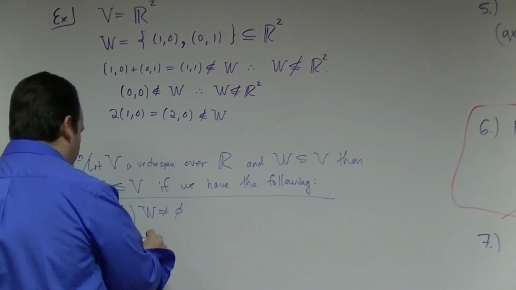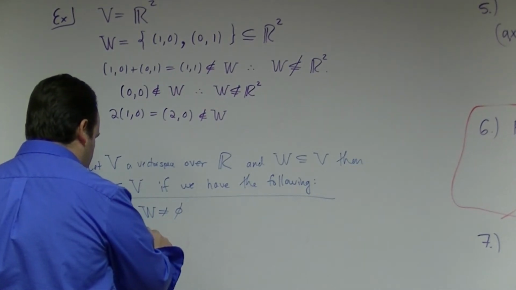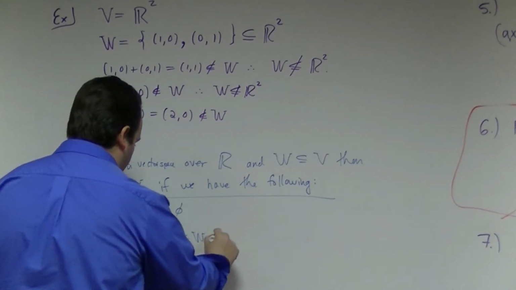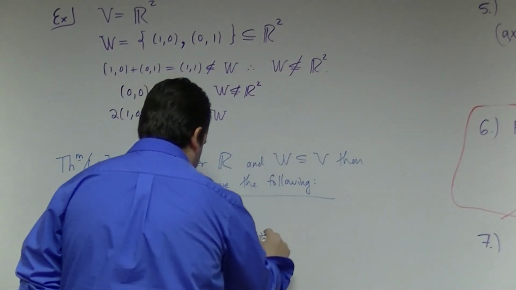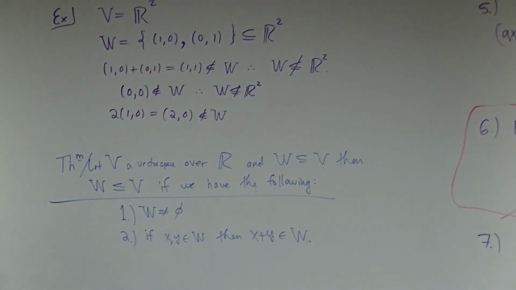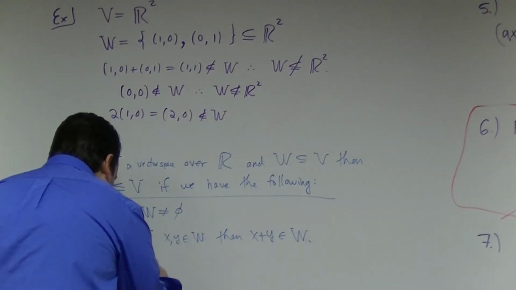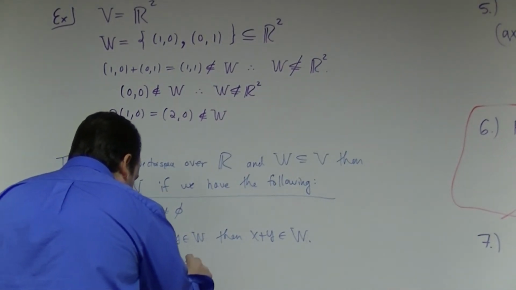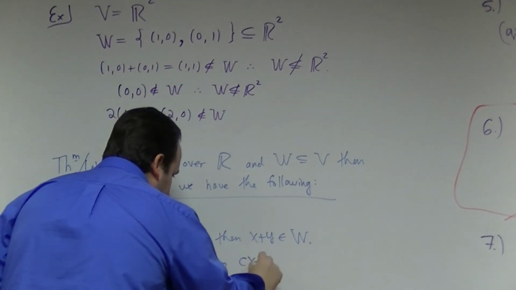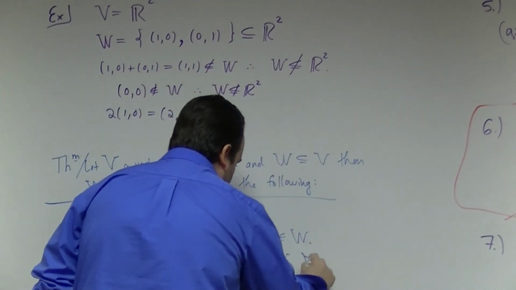Two, if x, y are in W, then x plus y is in W. In other words, the proposed subspace is closed under vector addition. And three, if x is in W, then Cx is in W for all C in the reals.